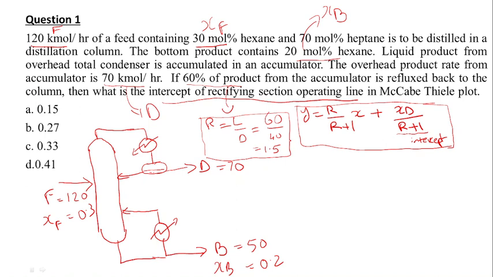So on substituting, 120 into 0.3 equal to 70 into XD plus 50 into 0.2.